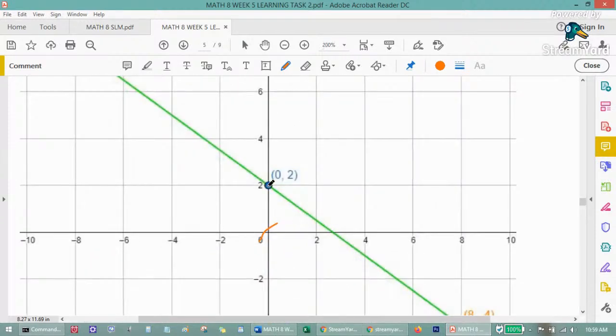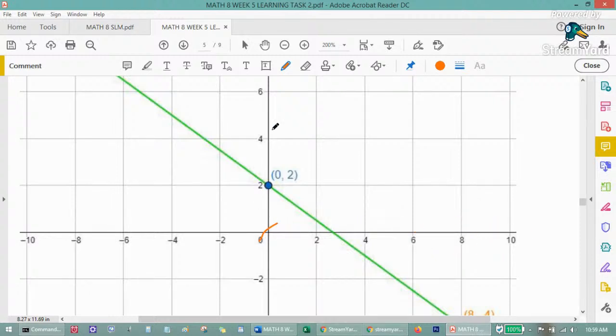Positive 2. So, kung mapansin nyo yung graph natin na wala yung 1, pwede mangyari yun, no? As long as pantay-pantay ang distance ng mga squares natin. Kagaya nito, itong graph na to is by 2. Simula sa 0, plus 2 is 2, plus 2 is 4, plus 2 is 6, plus 2 is 8, plus 2 is 10.